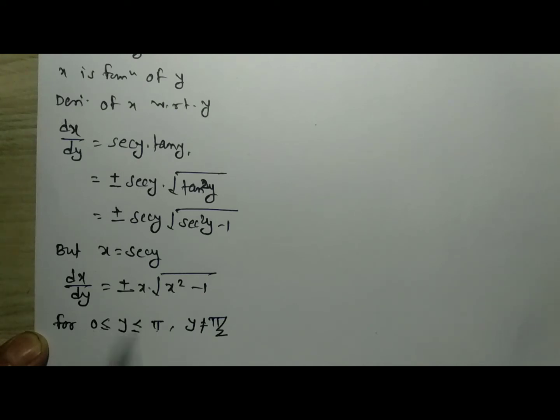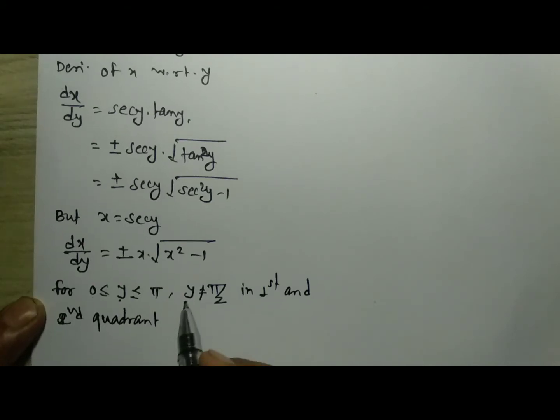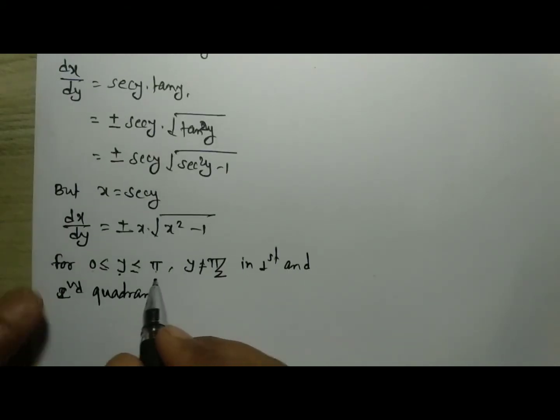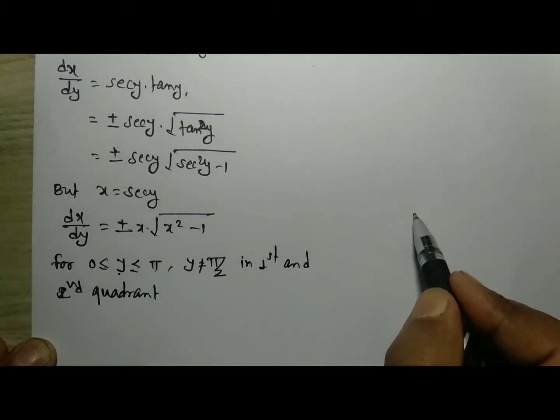In between these two we get the y value, and it lies in the first and second quadrant. We know that in the first and second quadrant we have to take the consideration like this.